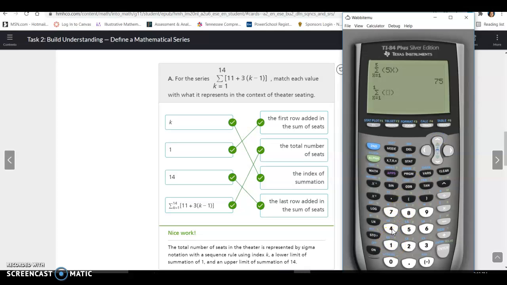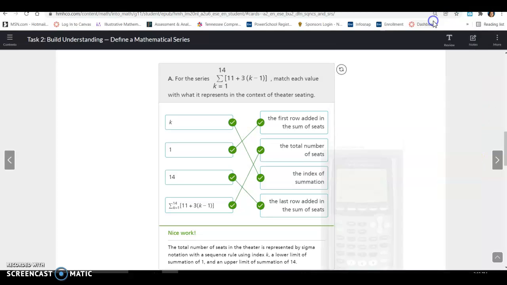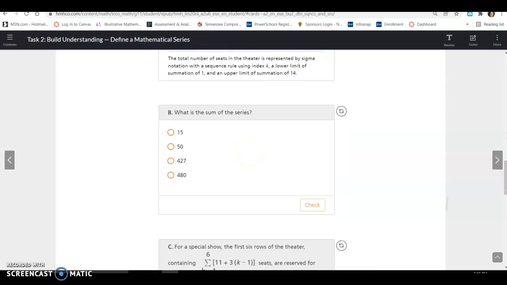You do have to arrow up to get to the top, and then I'm going to put in 11, exactly how I see it, plus 3 times, and since I used x, I have to use x, but everything else is the same, and then minus 1, and I'm going to close that parentheses, and then hit enter. So there are 427 total seats in the theater.